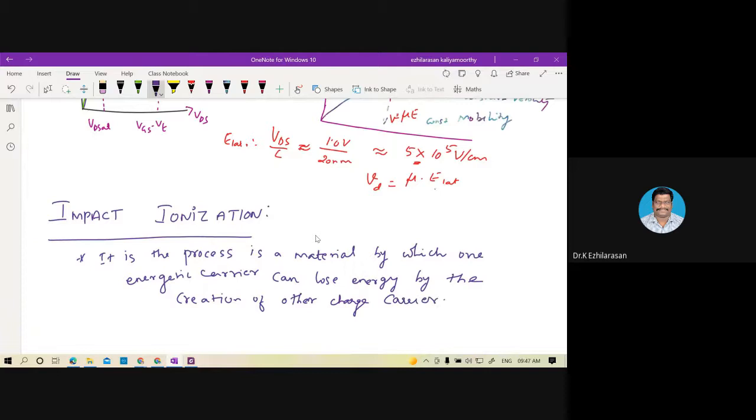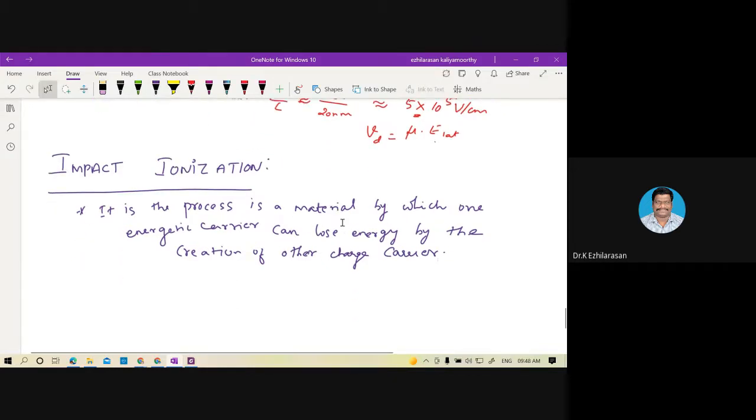From the name only we can say impact ionization, it will be like ions, it will be ionized. That is the one thing simple I can say, because we need to consider BJT and MOSFET. Let us take that only as the example here.